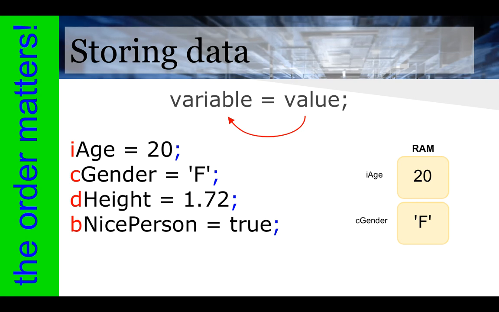Since we're assigning a value of true or false, that means that it's a Boolean data type. That's why it starts with B. Now, as you can see, every single variable name will start with a lowercase, and afterwards, every single word will start with a capital letter.